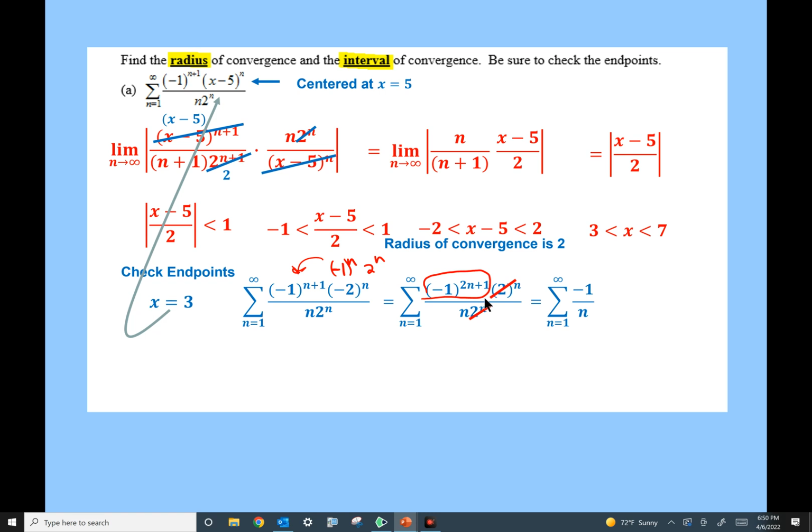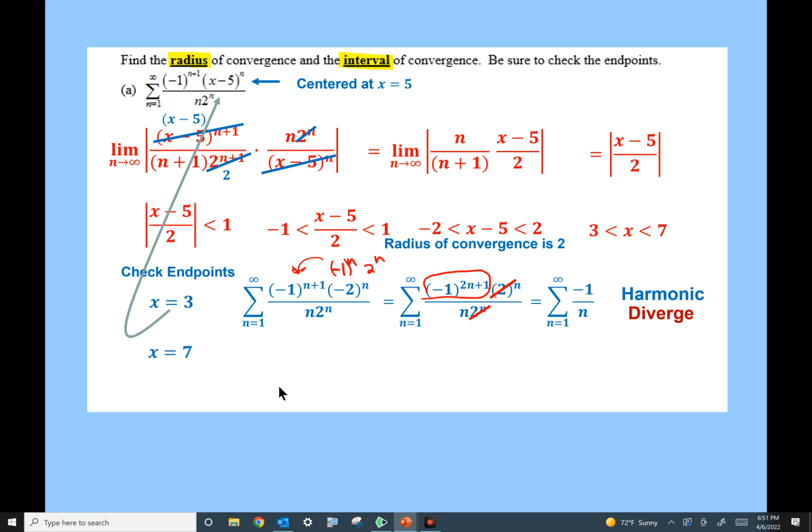So essentially, this series is simply negative 1 over n. Now, that's not alternating at all. It's not like it's positive and then negative. It is negative all the time. Well, isn't that just a harmonic series? I mean, yeah, 1 over n, negative 1 over n, same thing. And we know that a harmonic series diverges. So what that means is we are not going to include 3 in the interval.